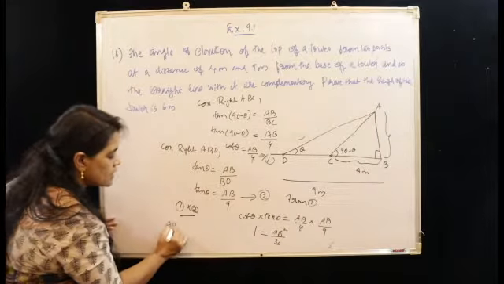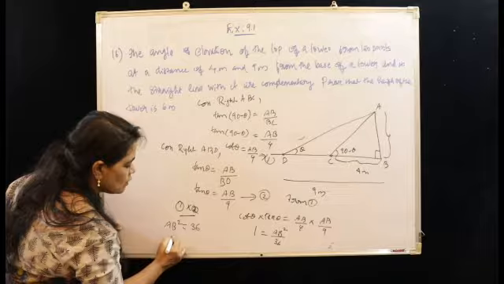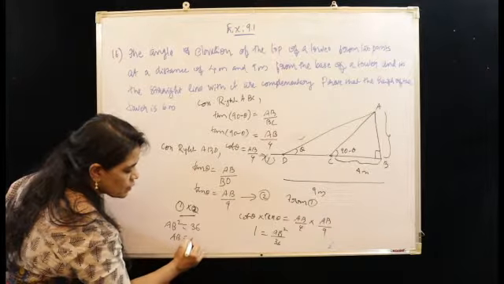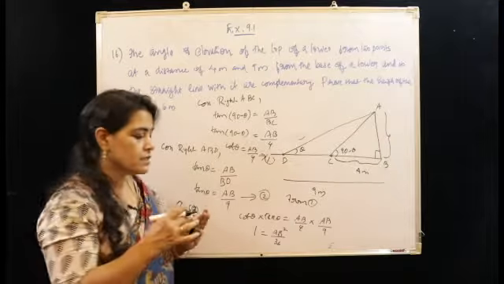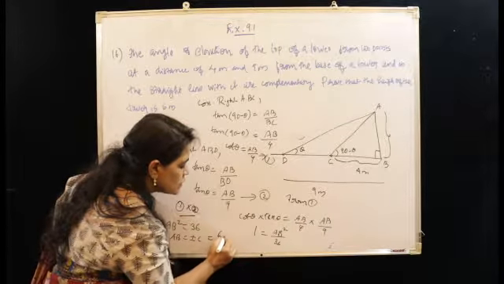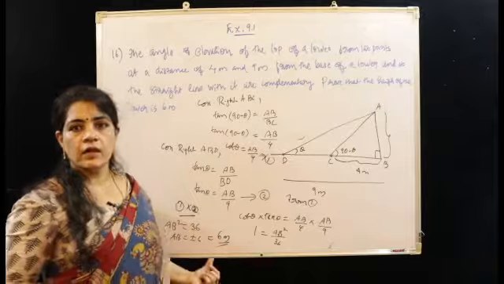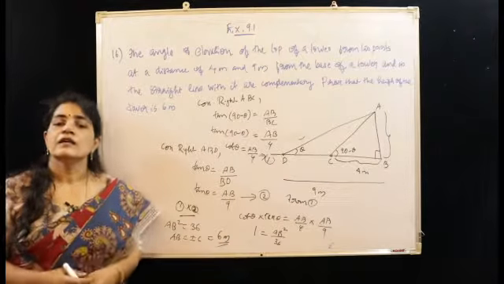Or AB square equals 36. To get AB, take the square root, plus or minus 6. Since it is the height of the tower, we consider only the positive value, so 6 meters. That means we have seen that the height of the tower is 6 meters.